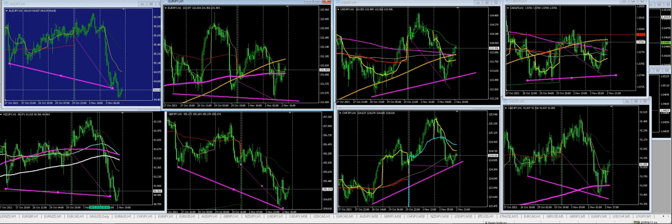So what we're going to do is pull up an Aussie Swiss, and we're going to take a look at Aussie New Zealand. To confirm our case, Aussie is weaker than New Zealand. So during this time, we should see Aussie New Zealand going down.